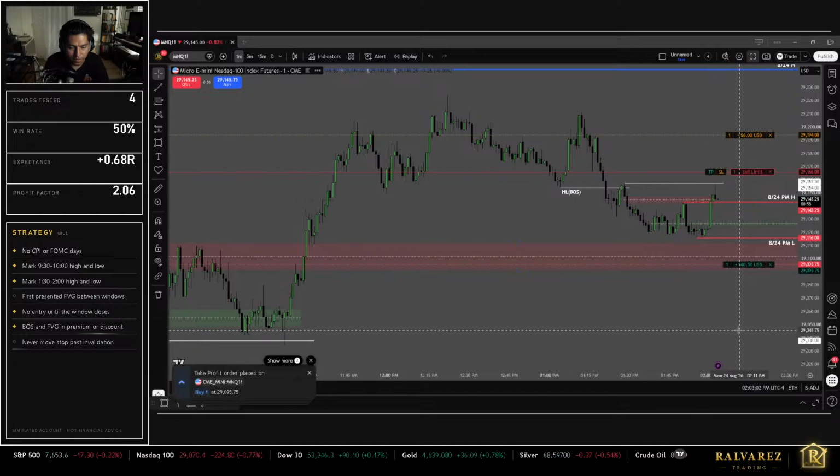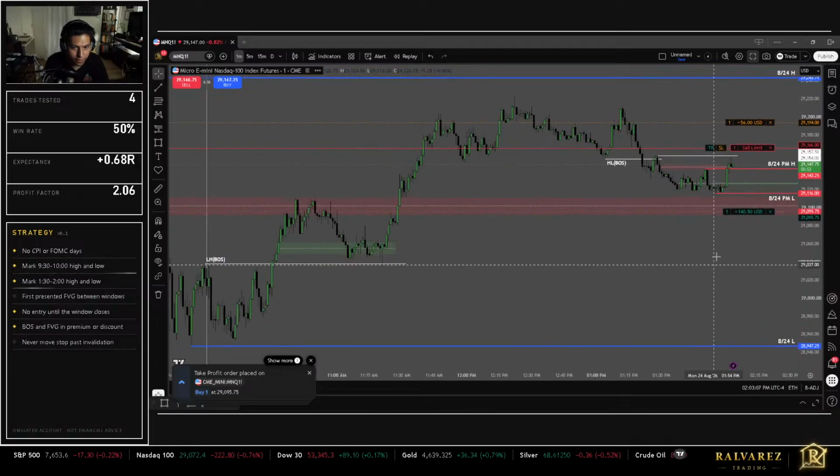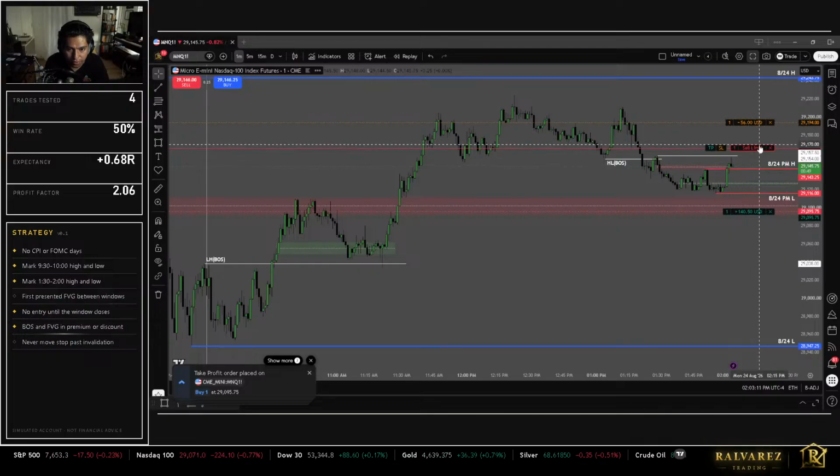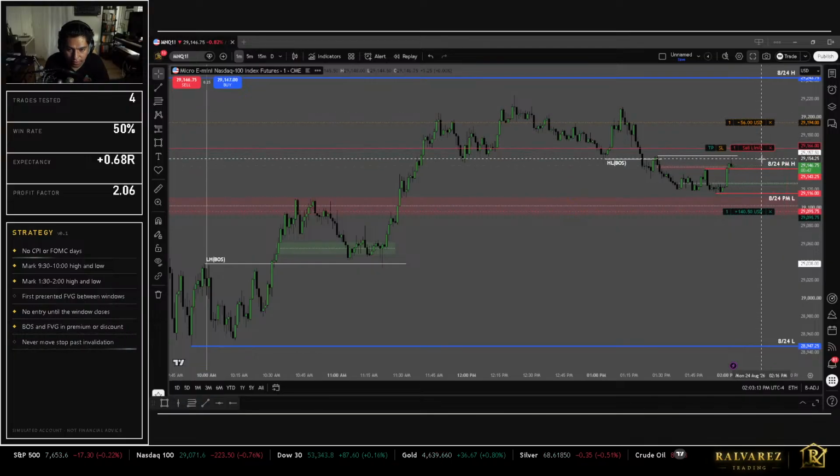So we'll do something like that. If we do get filled and it's going our way, and we get closer down to our take profit, we'll probably move it down just a little bit and keep our stop loss exactly where price shouldn't reach into.